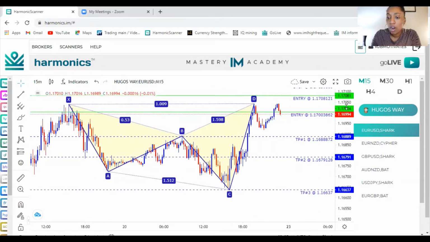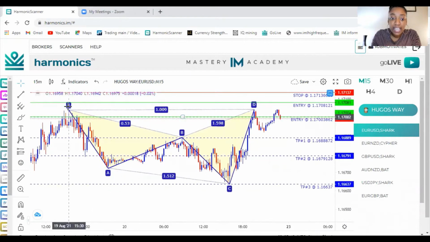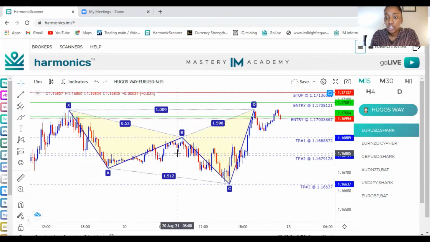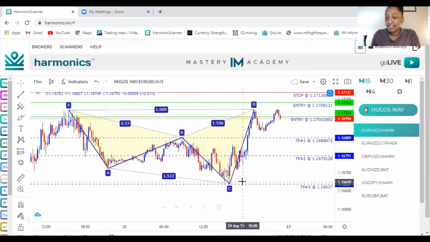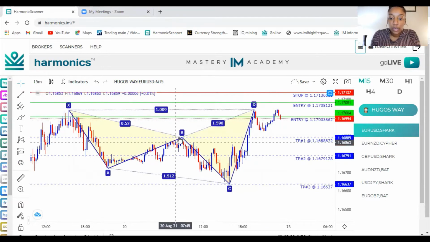It also creates harmonic patterns. There are many different harmonic patterns, like this one, for example, which is the shark pattern. There are other patterns like the bat, the butterfly, the cipher, etc.